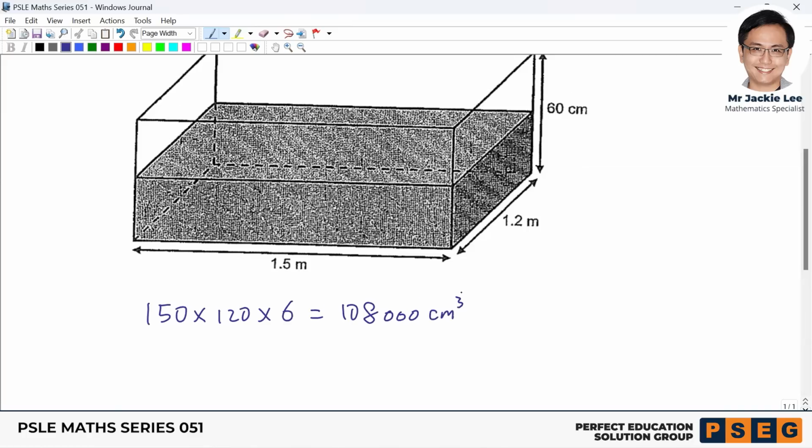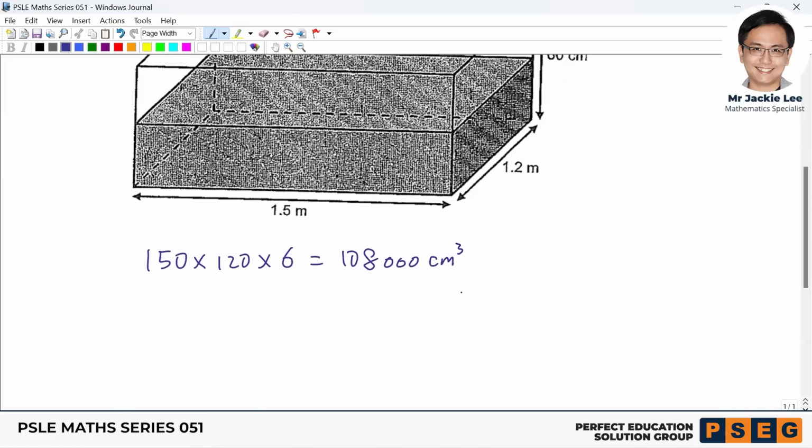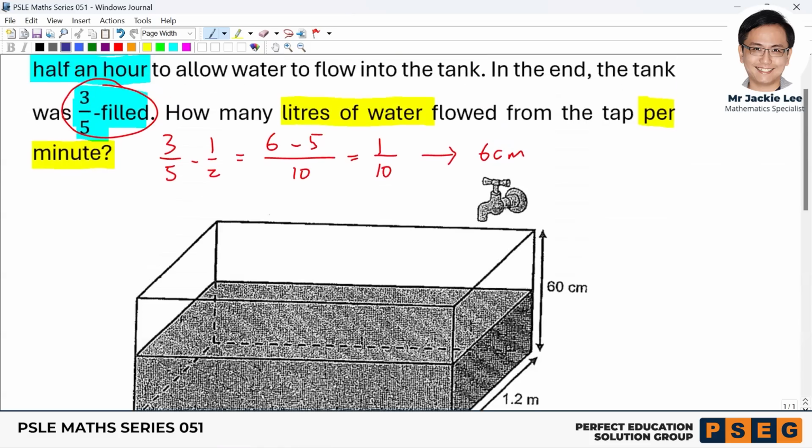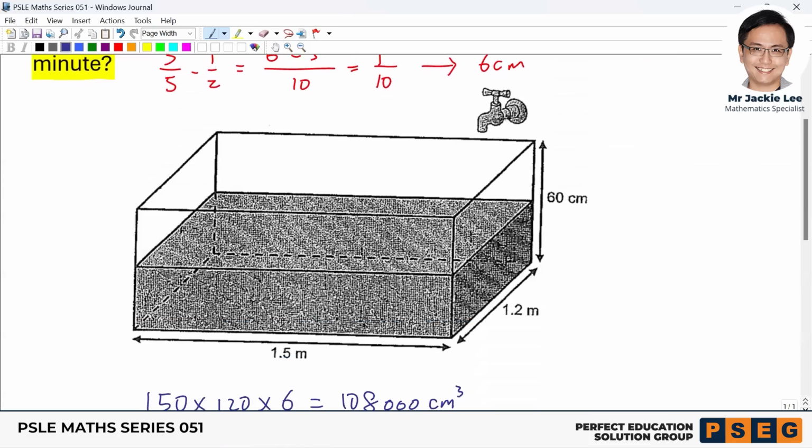Now bear in mind that this one is for 30 minutes. So per minute, I think will be this figure divided by 30, right? If it happens to divide by 30, also can press calculator. This one will be 3600 cm cube, all right? But of course, the question is asking for liter instead of cm cube.